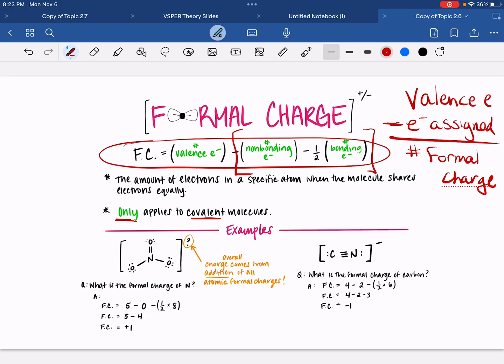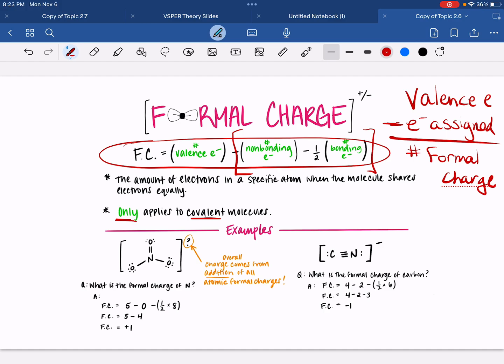If we look at these examples down here, this one is the nitrate ion. What is the formal charge of nitrogen? Nitrogen is in group 15, so it has 5 valence electrons. Right now it doesn't have any lone pairs, so that's 0, and minus half of its bonding electrons.